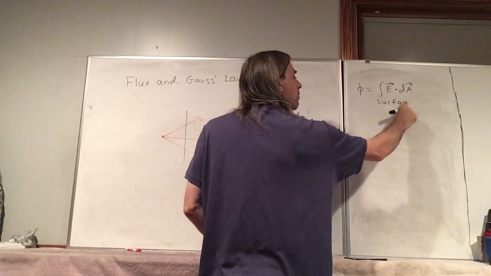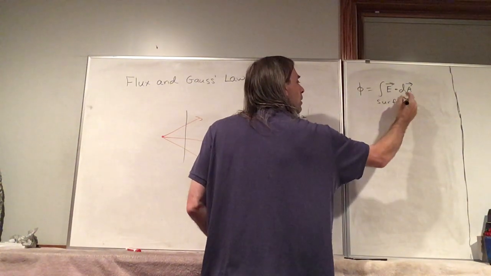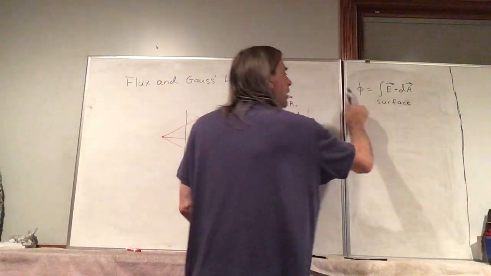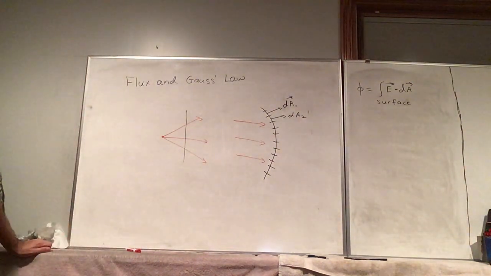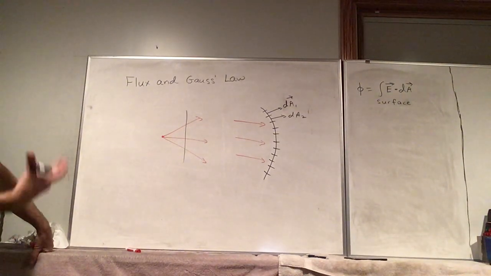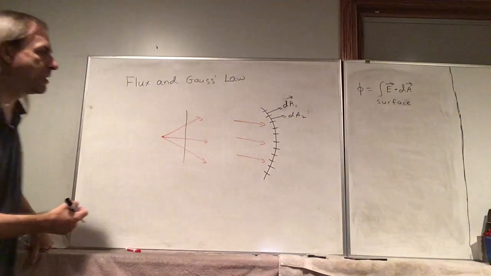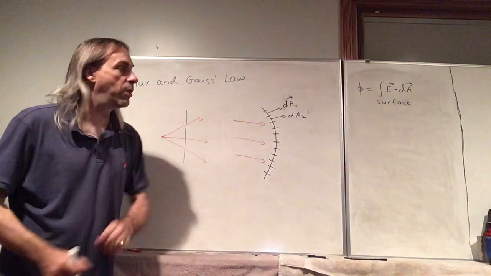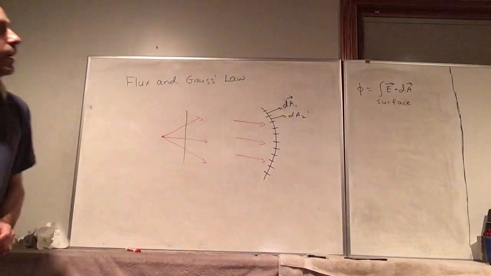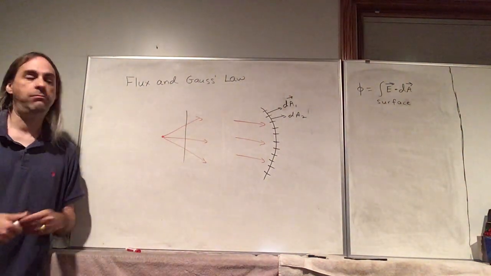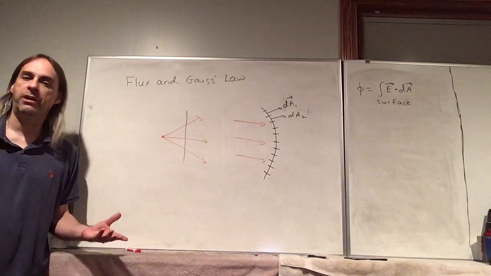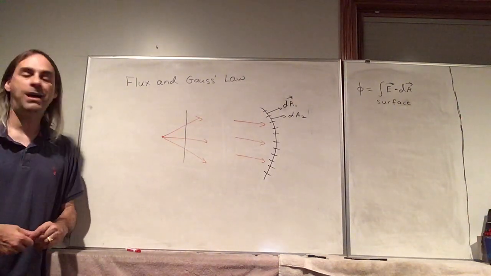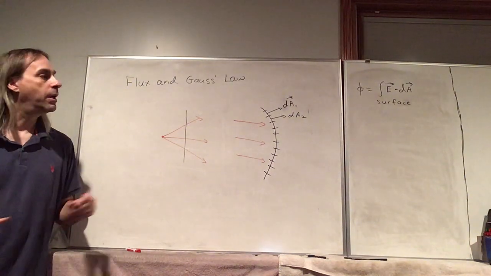So the flux, we use this Greek letter as our symbol for flux. This is the definition of flux. And so we just define it that way. Kind of give you some motivation like why we define it this way, but that is the definition. And that applies to any reasonable surface. If you talk to mathematicians, you can come up with very unreasonable surfaces where it'd be impossible to define a flux at all.